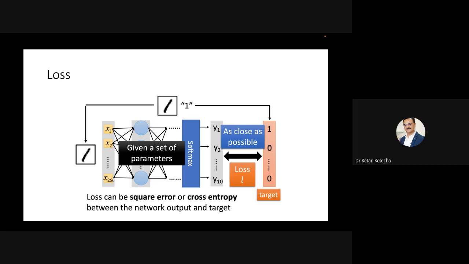I'm not going to explain that today, but that's a very important loss, which is called cross entropy loss. It is derived based on the entropy of a particular function, right? So this loss is calculated for a particular problem, and the loss is to be minimized finally by training the algorithm.